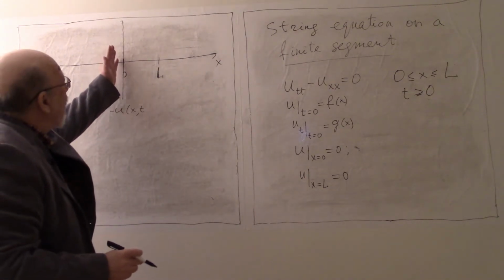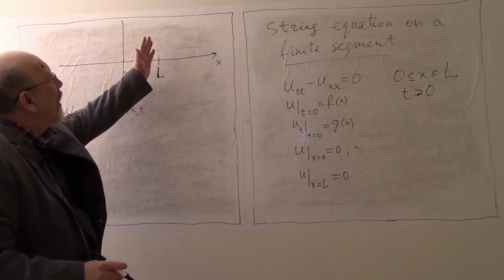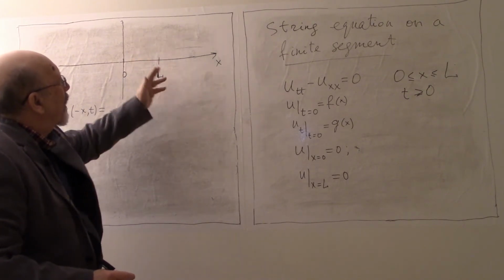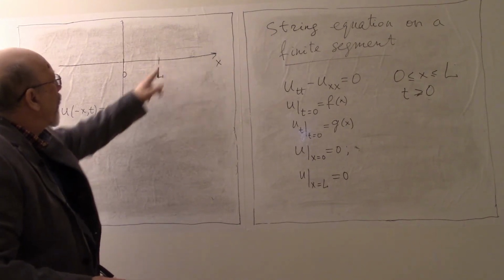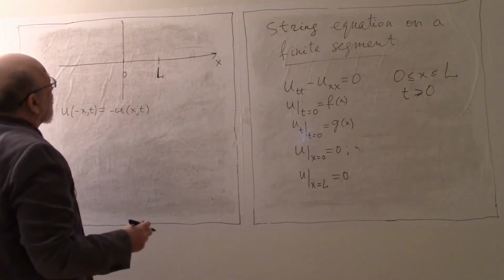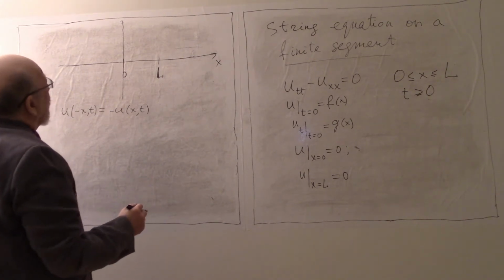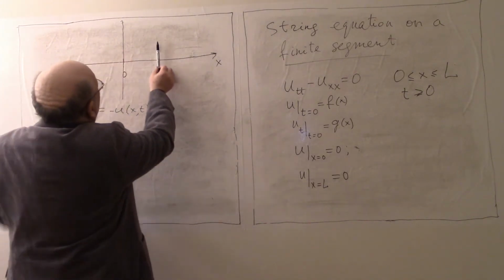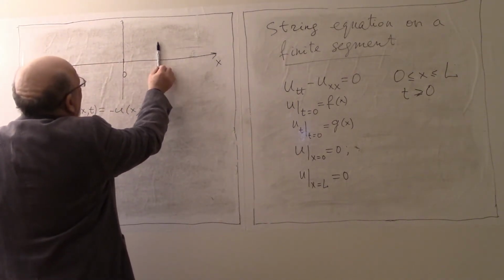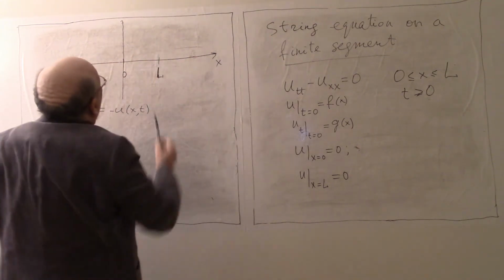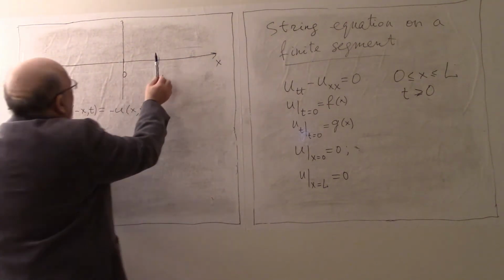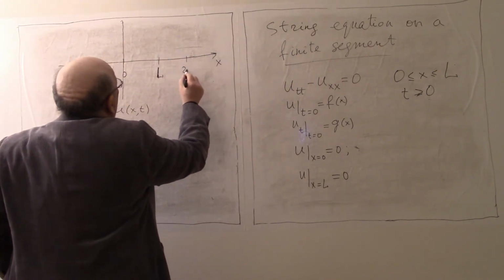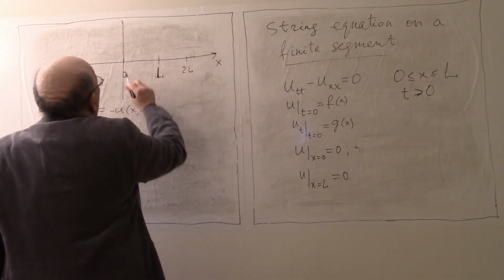But this is not enough. We have to also require that the solution is odd with respect to the point L. So what does it mean? How can you express analytically that the solution, if you reflect it here, put a mirror here and reflect it, under this reflection, 0 goes to the point 2L, and the point 2L goes to 0.